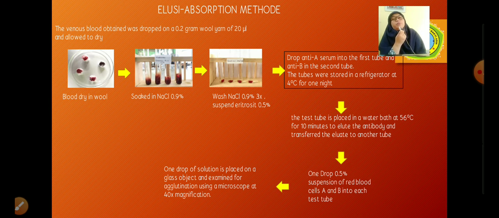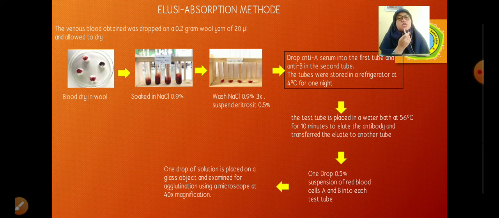The procedure for the absorption elution method: I use venous blood, 20 microliters dropped on 0.2 gram of wool yarn and allowed to dry. We can see the picture on the slide.